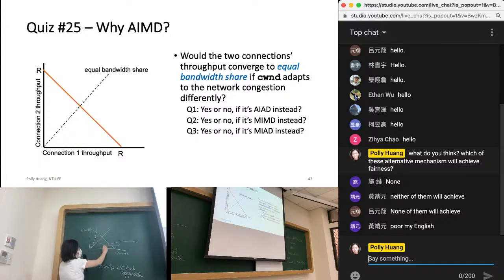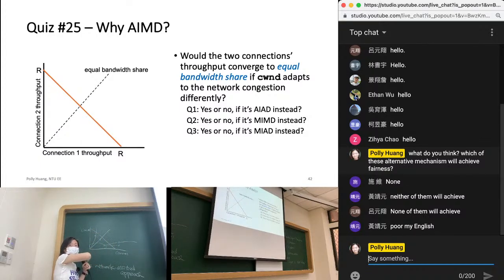So if the starting point is here, it goes that way. Starting point here, it goes that way. But if the starting point is here, if it's fair to begin with, it will remain fair. So this is MI, MD.